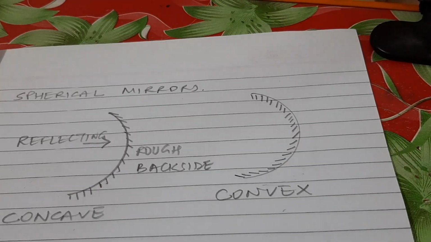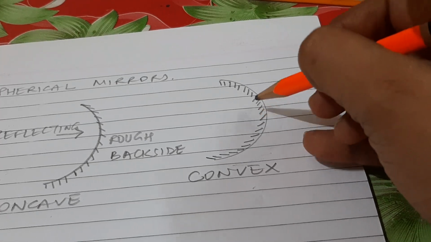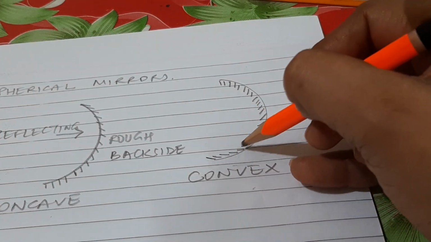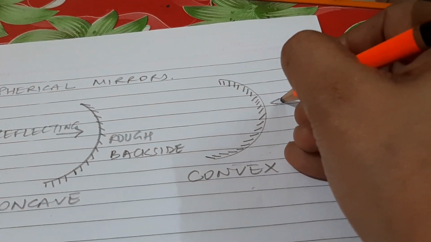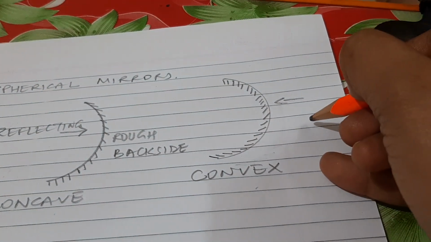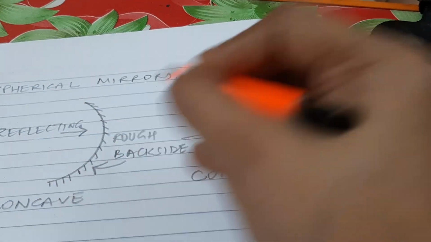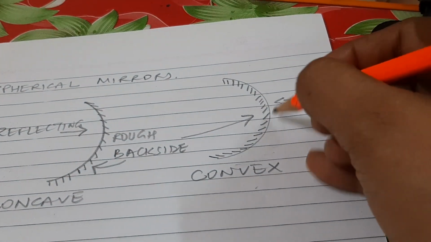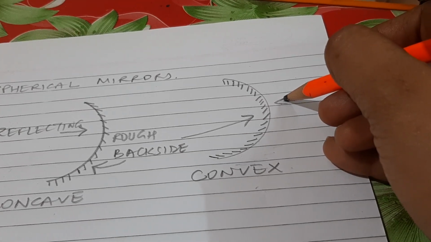Now in the convex mirror, this is the back side which is represented by the oblique slanting lines, and this is the front side of the mirror or the reflecting side of the mirror. So this is the rough or back side here. Okay, and here in case of convex mirror, this is the reflecting surface of the mirror.